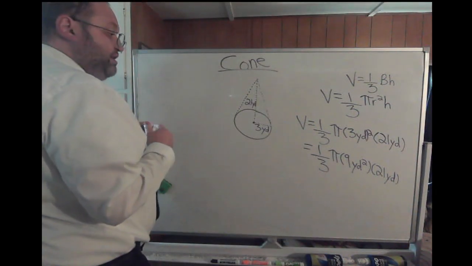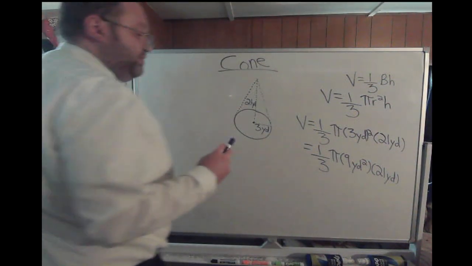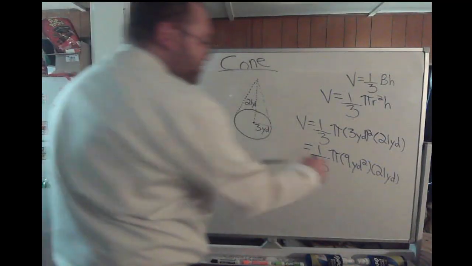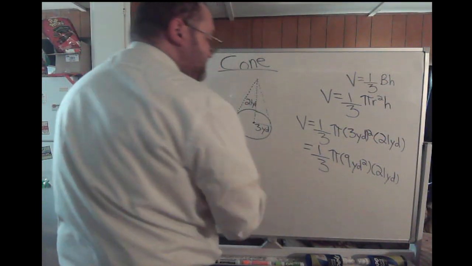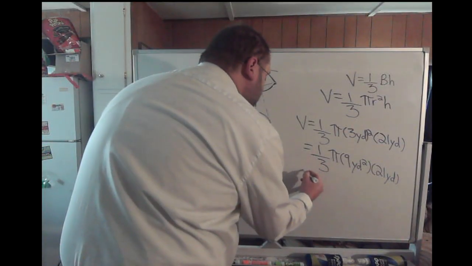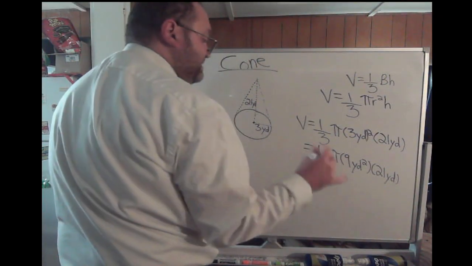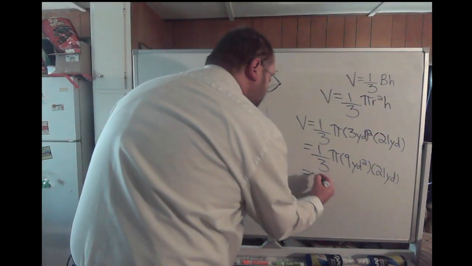Now the commutative property of multiplication allows me to arrange these in any order. I'm going to take 1/3 times 9, that would give me 3. Sometimes it helps to do that to get rid of that fraction if you're able.